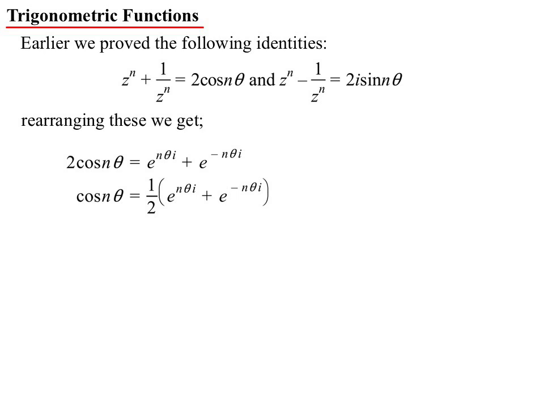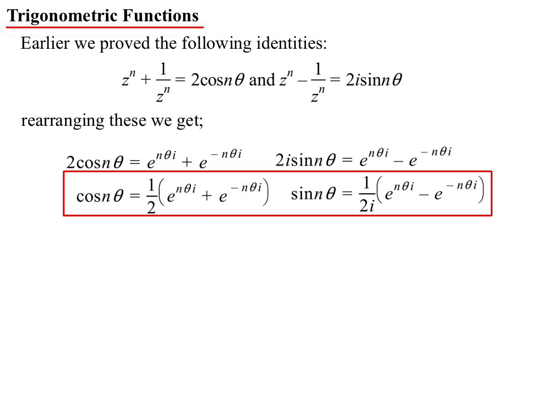It was equal to 2 cos theta. We used that idea, basically saying when you add conjugates together you get twice the real part. And the corresponding one for sine would look something like that. But of course with the sine, we're dealing with the imaginary parts, so we don't get a half out the front there, we get 1 on 2i.